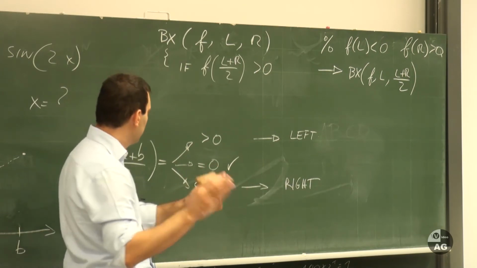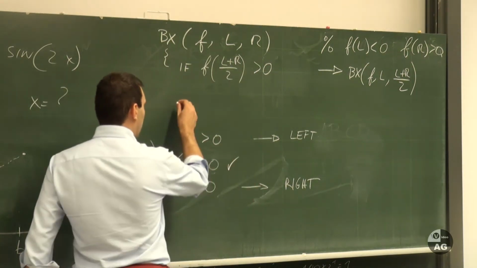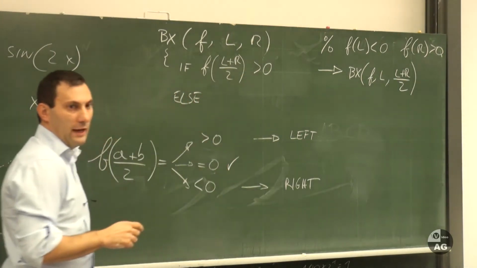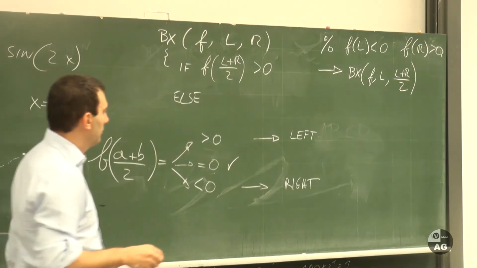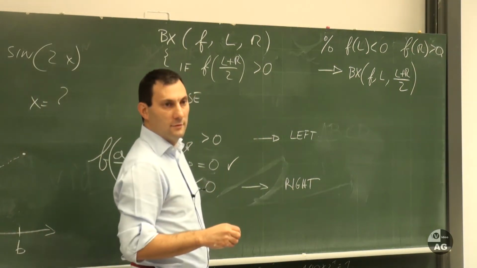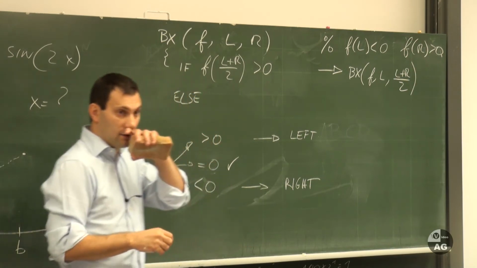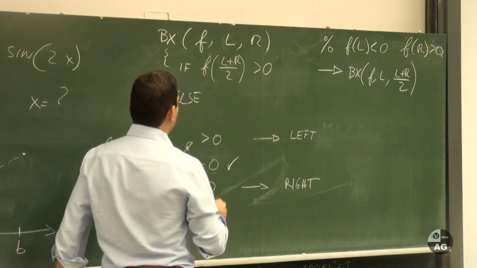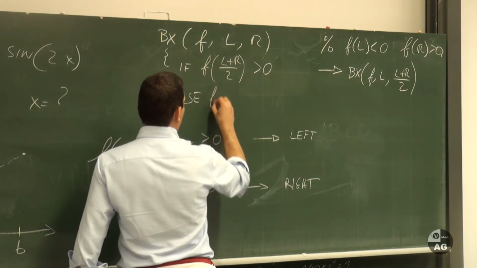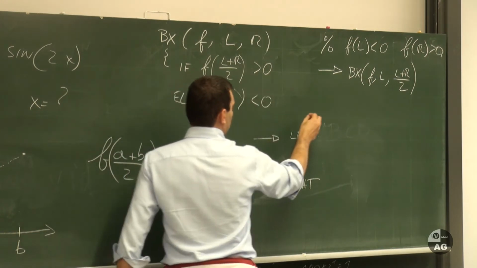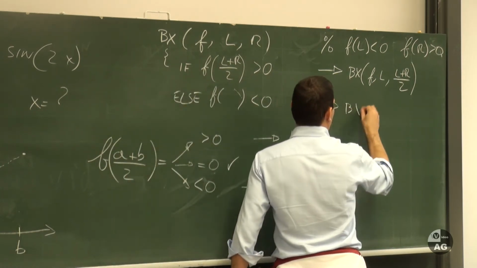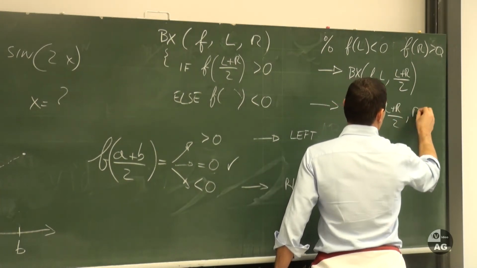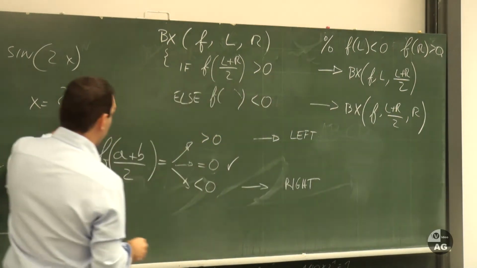Yeah, I know. Let's not get into that. Else. So, what do we do else? Else, if it's less than 0, it will become as the following. So if f of blah blah blah is less than 0, then okay. Do we have something else to do?